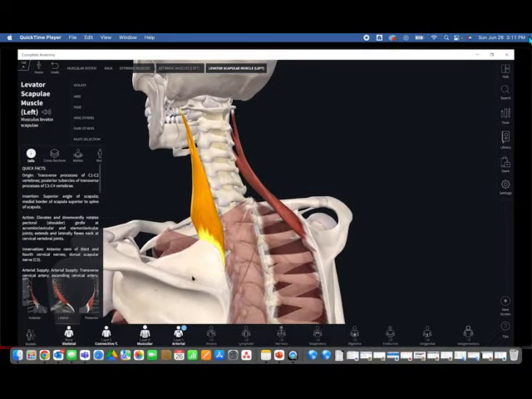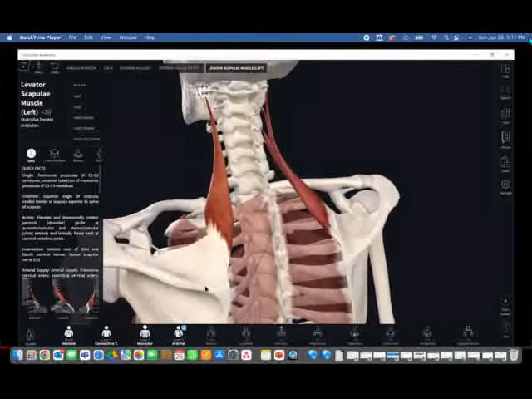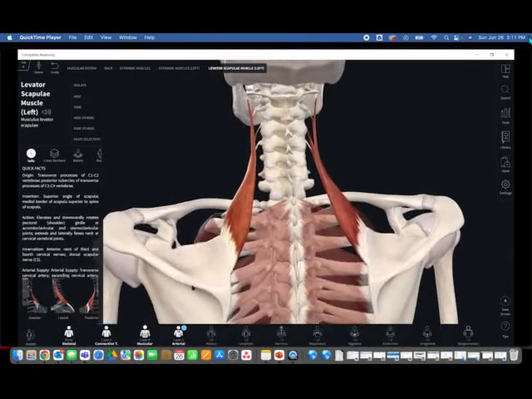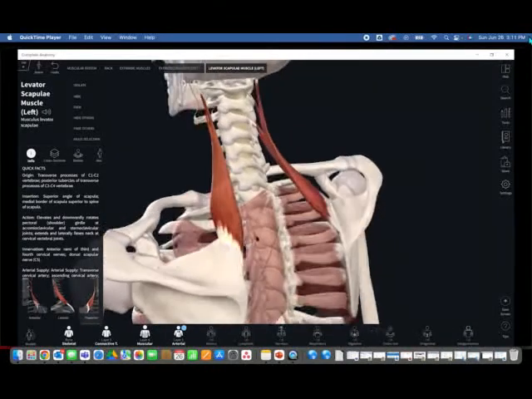And so clinically we see levator scap involved significantly in both lateral cervical issues and in that scapulothoracic, cervical thoracic junction location.